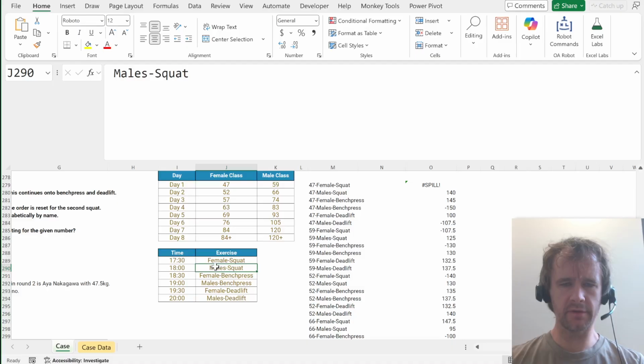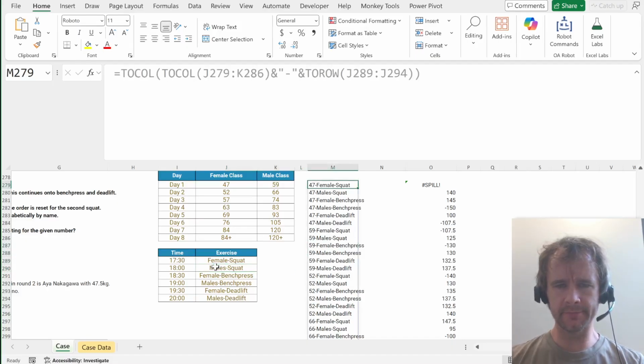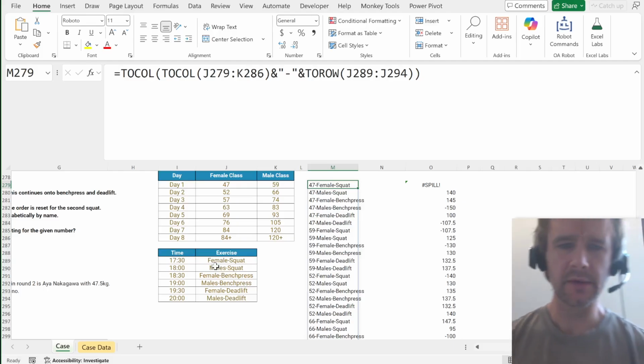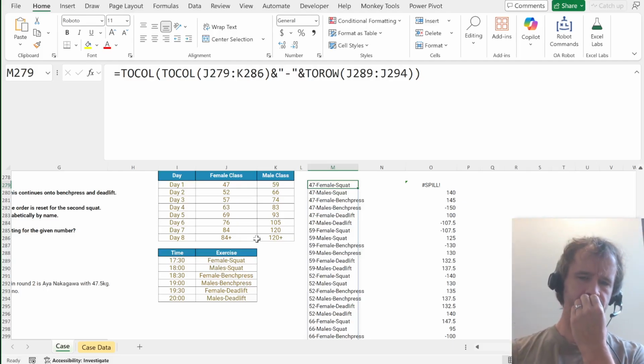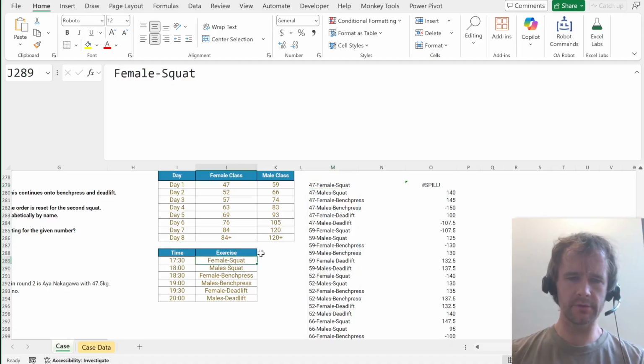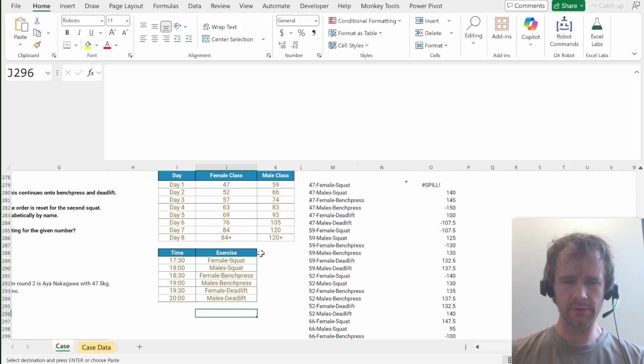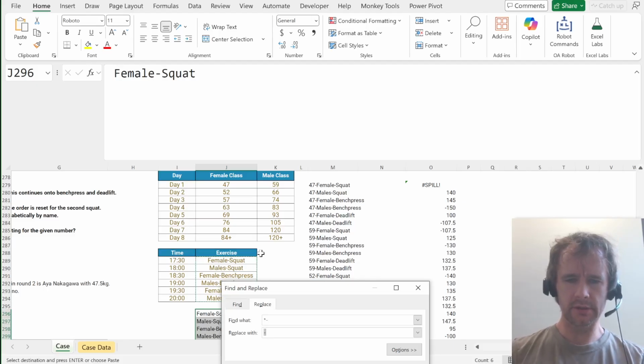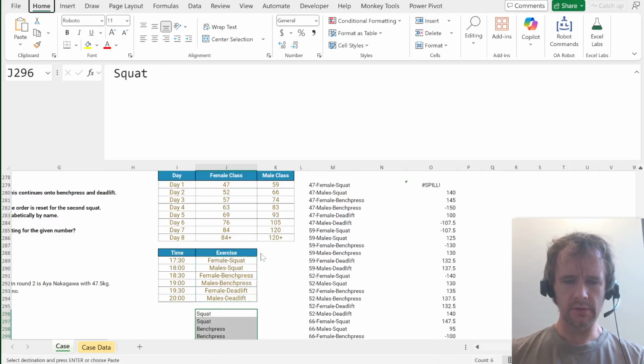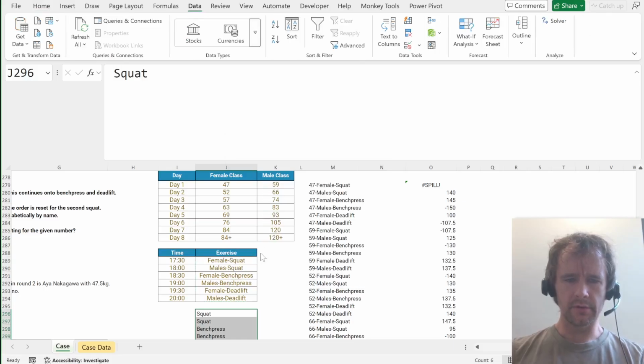Okay, so I guess what I really want is, that's annoying. Okay, so I really just don't want male and female to be there at all. So I won't screw with the original data, but I will say star dash, get rid of that, take the uniques.